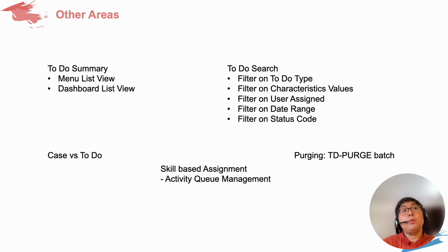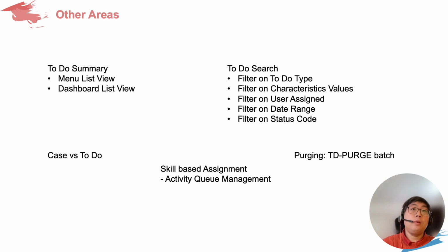Let's say a scenario where you want to trace the to-do and you want a better defined life cycle. Sometimes you might want to raise a case to trace these types of activities.